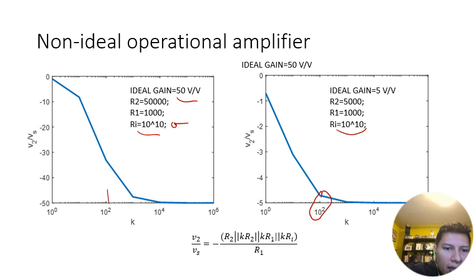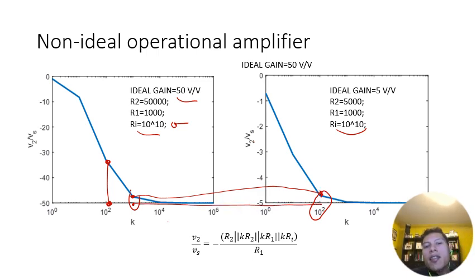Now at 100, our gain is pretty far from 50, which would be the ideal gain. But once we are at 1,000, it behaves approximately the same. So as long as K is about 20 times larger than the gain that we design our circuit to have, we're fine.